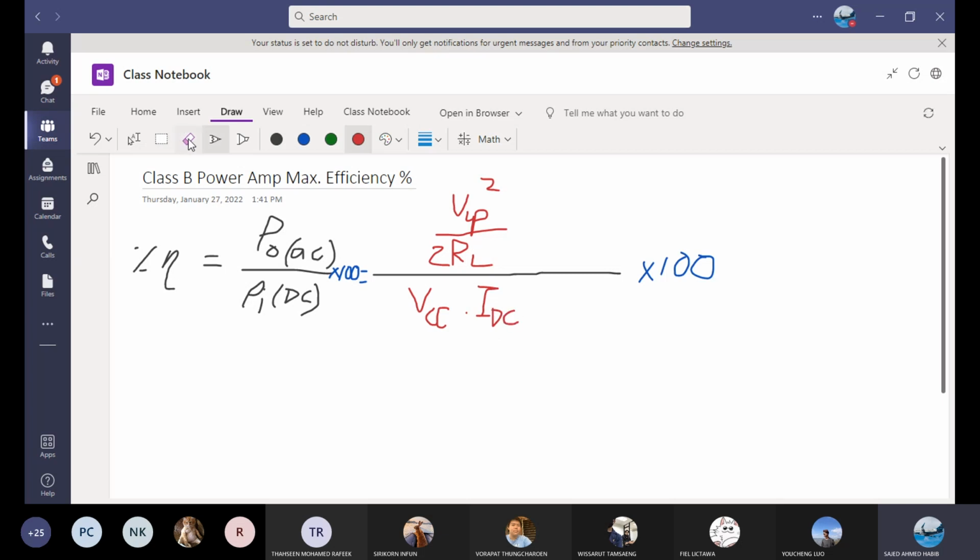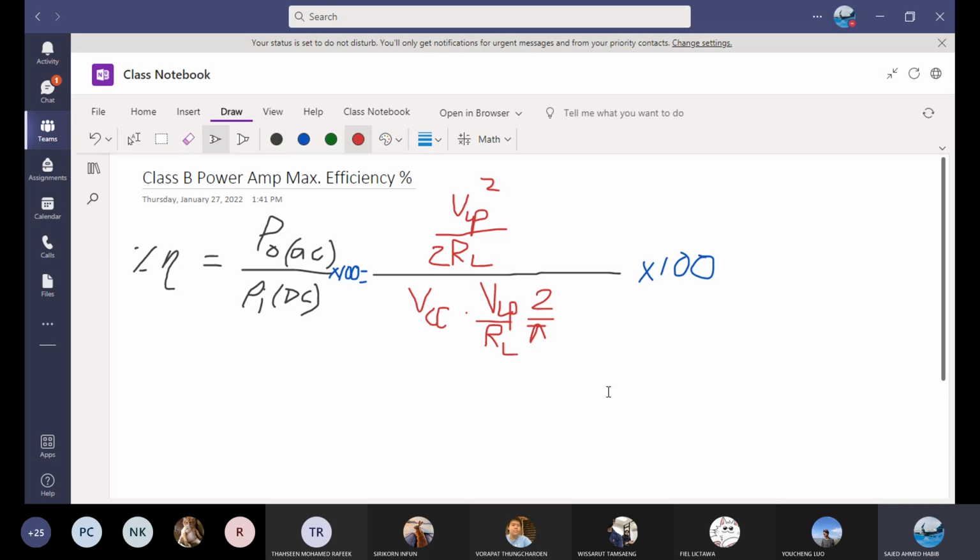IDC equals I peak times 2 over pi. And then I peak equals load voltage peak divided by RL. So I replace I peak with VL peak divided by RL. I hope you understand the step. It is Ohm's law.